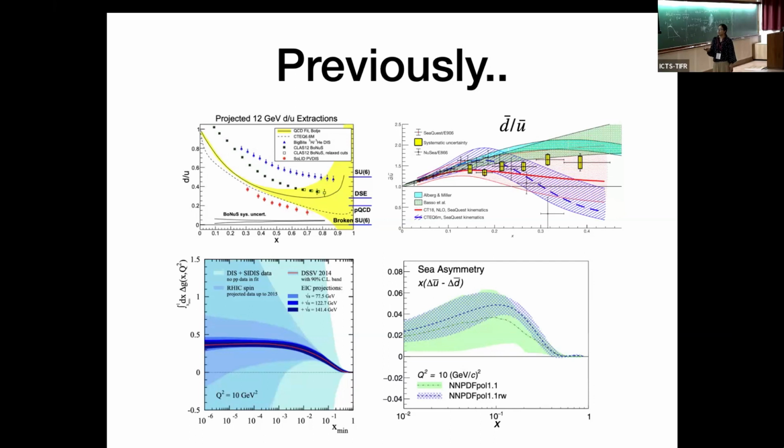Yet here in the large x region, it has large uncertainty, but still in the region where the RHIC data is actually sensitive, you can see the uncertainty reduction from here to here, right? So by adding the RHIC data where the data is very sensitive, in this region the uncertainty reduced a lot.